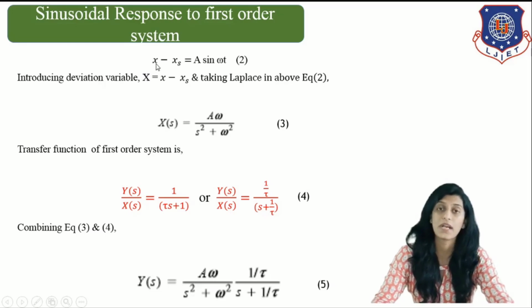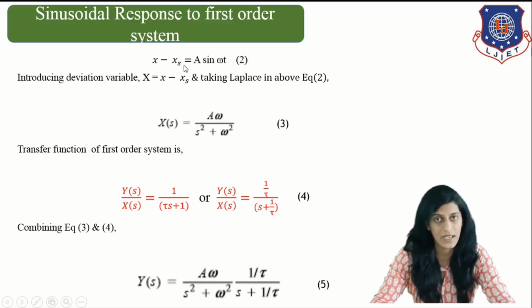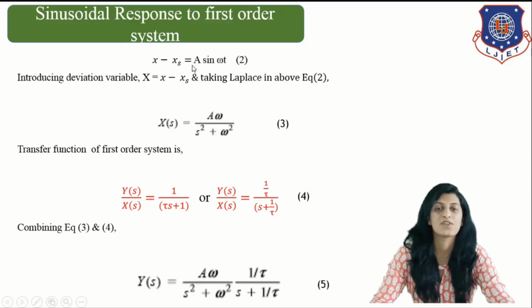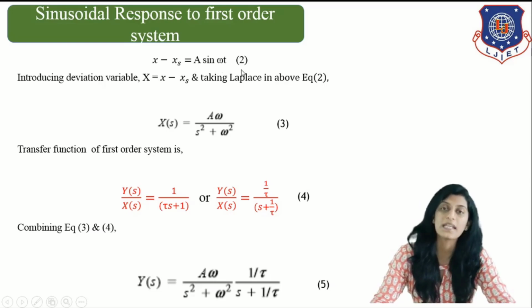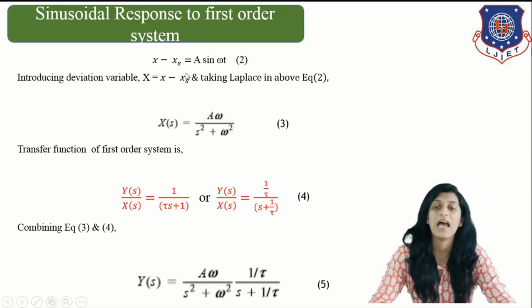So instead of writing X minus Xs, we can write capital X equals A sin omega t. Now taking Laplace, it will be X of s equals the Laplace of A sin omega t, which is A omega upon s squared plus omega squared.